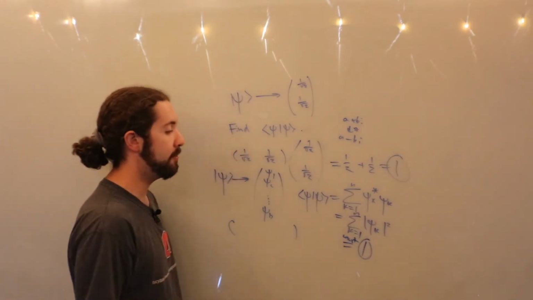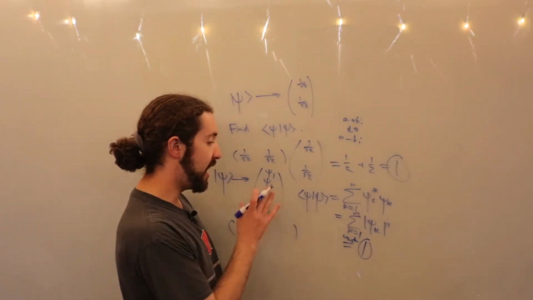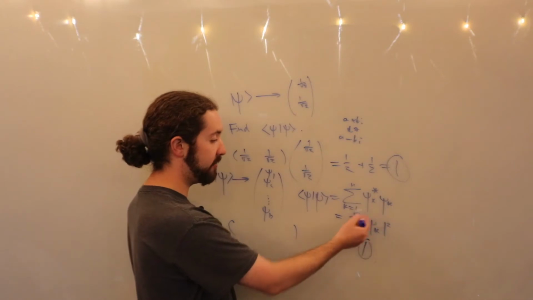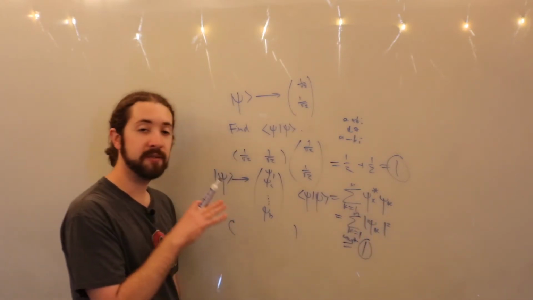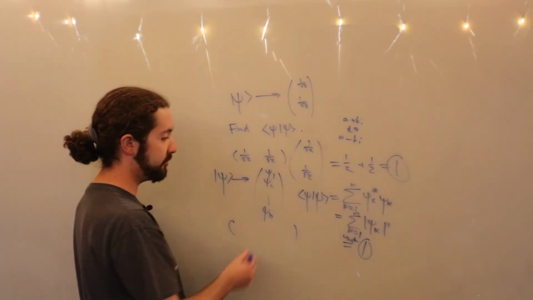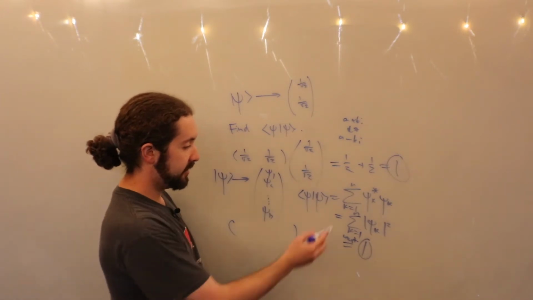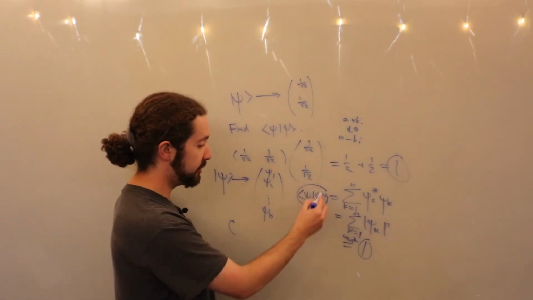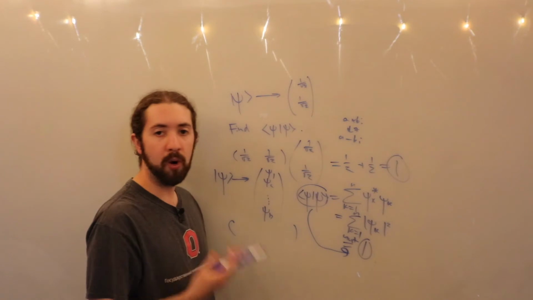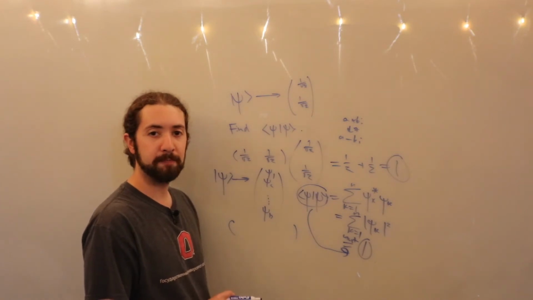This is our requirement. If our state is not like this, then we have to divide by whatever this number is. In order to scale it, we have to scale every entry so that this calculation always comes out to be 1. This is called the normalization requirement.